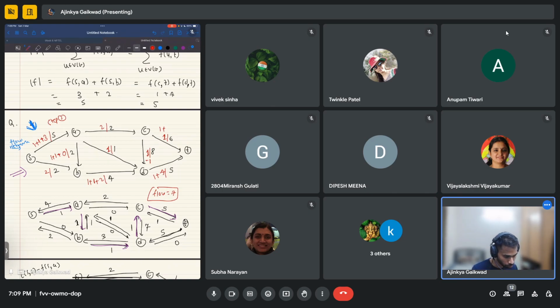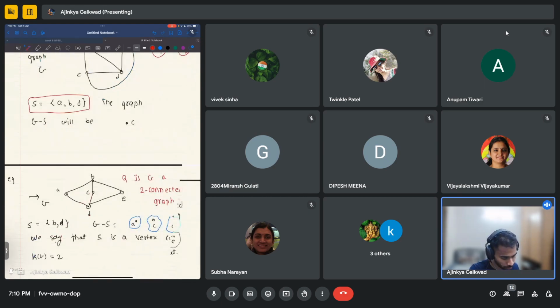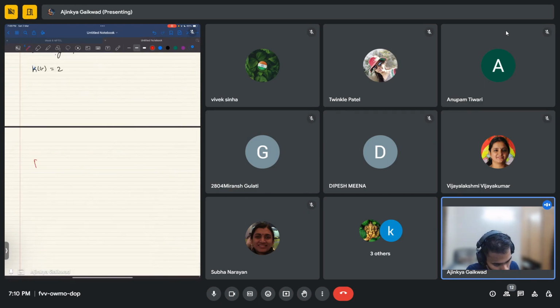I don't think you can get more than 7. And in the case where the flow is 8, then you will be able to find an augmenting path. So let me just summarize here. You take a flow, calculate the residual network, then you calculate an augmenting path.